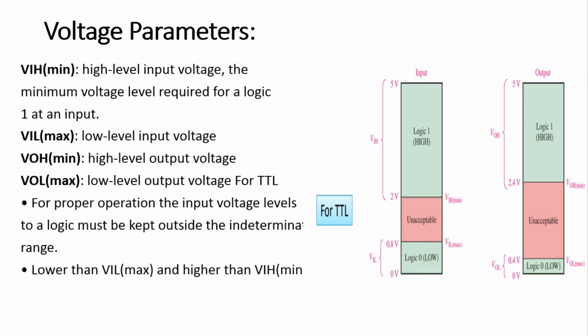The same has been reflected here also. Here VIH min is the minimum high level input voltage, the minimum voltage level required for logic 1 at the input. VIL max is the maximum low level input voltage, VOH min the minimum high level output voltage, VOL max the maximum low level output voltage for TTL.